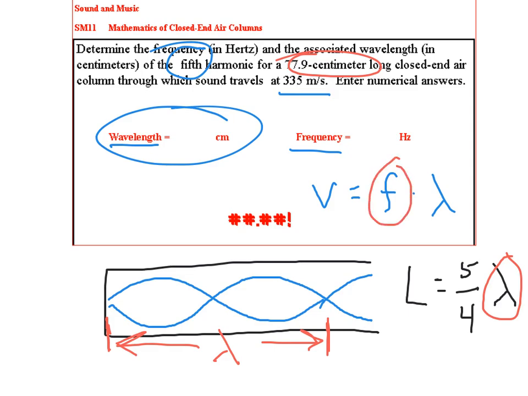So you do a little algebra there. And I want to caution you on something, which is the same as what you saw in a previous MOP, and that is that they're going to give you the speed in meters per second, but you have the wavelength in centimeters. So I would recommend that you change one to the other. Either change the wavelength into meters or the speed into centimeters per second. That way you won't have a mismatch of units.